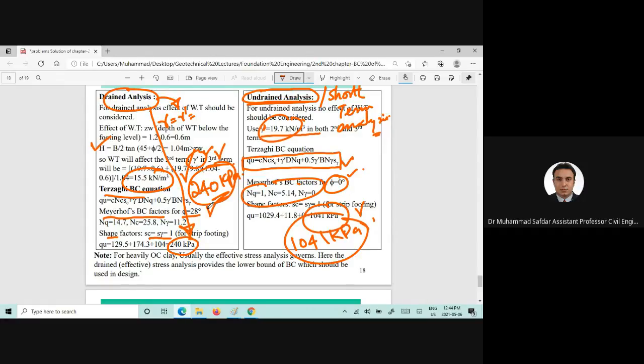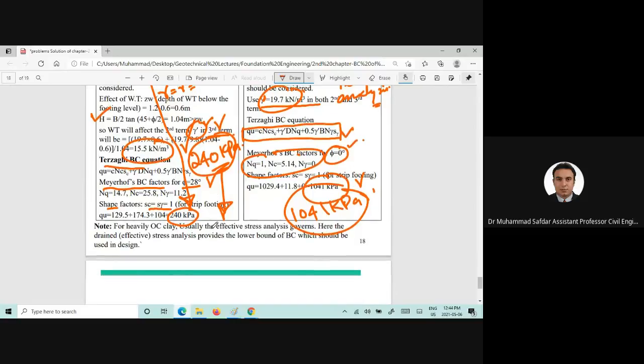So the governing strength would be the drained shear strength of the soil in the case of over-consolidated clay in this particular problem.